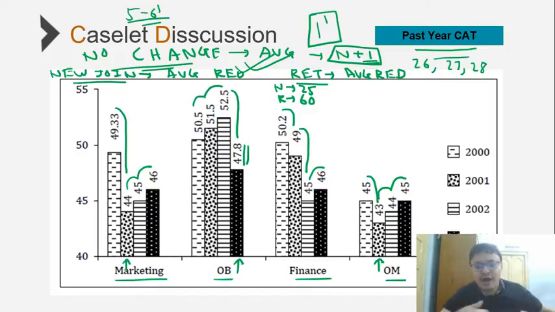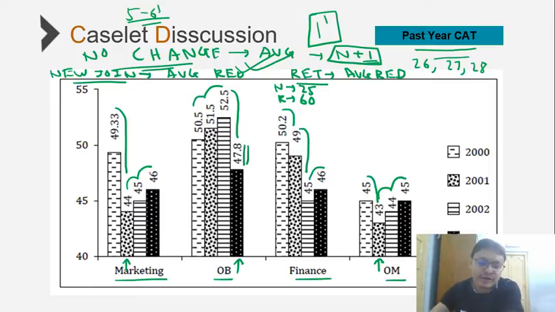So anybody, how do we identify that? How do we identify in which year the dip happened because of a new faculty joining, and in which year the dip happened because of an elderly faculty retiring?